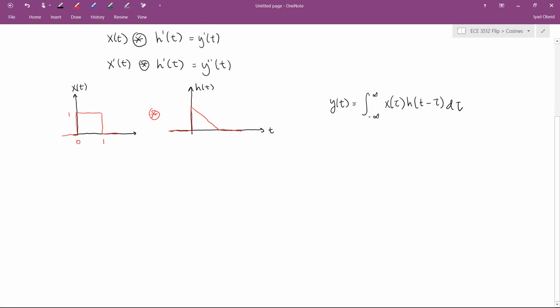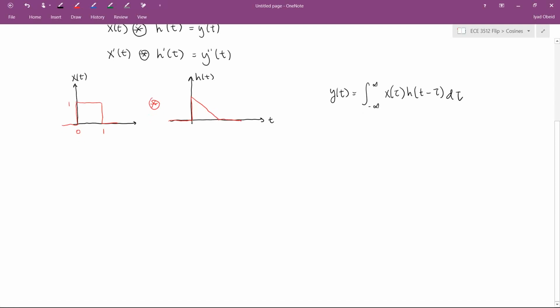Here's the shortcut we're going to do. Instead of working with x of t convolved with h of t, we're going to work with the derivative of x of t. In our case, the derivative of x of t is going to look like this. For all of time basically, the x of t function is a constant, which means that its derivative is 0 everywhere except right at the edges where it steps up and steps down.